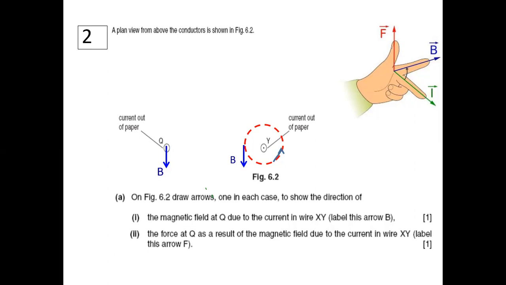Okay. Left hand. Field is going down. Current is coming out. Field going down. Okay. Current coming out. Make sure you know how to read. Field is going down.